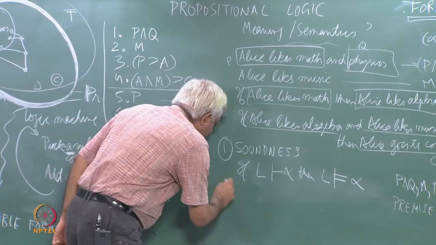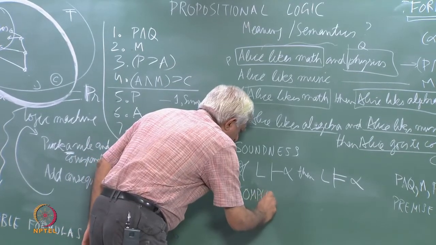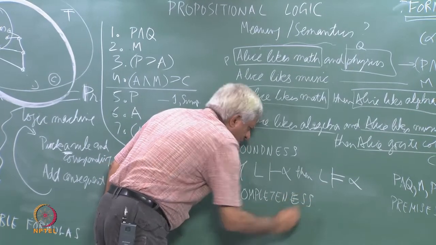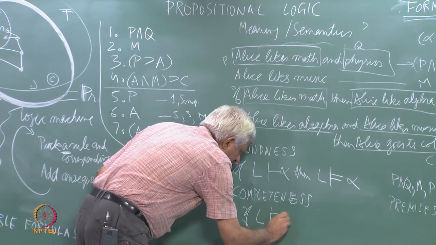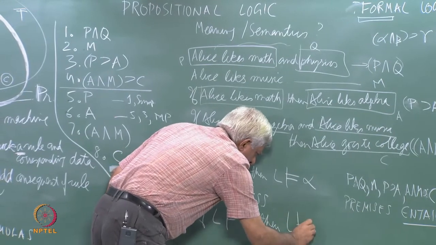The other property is completeness. That we have already spoken about. It says that if L entails alpha, then L derives alpha.